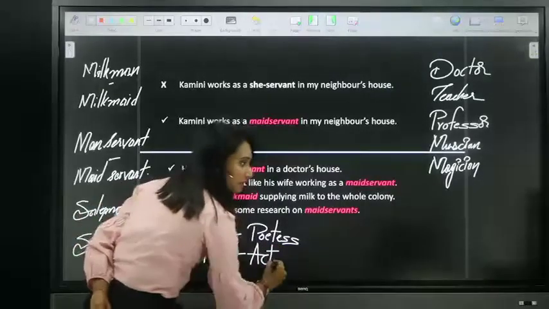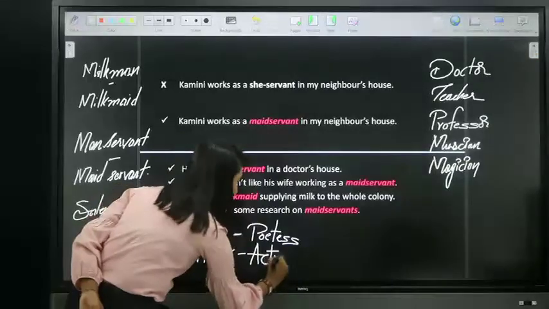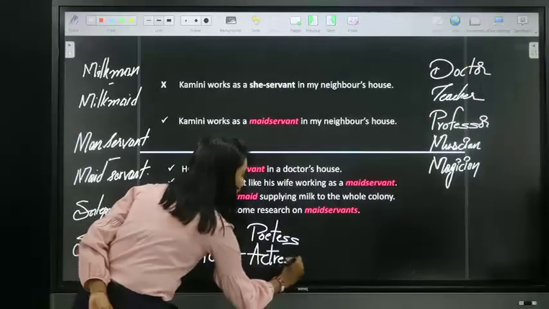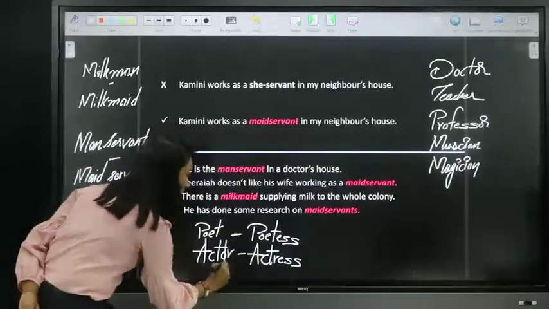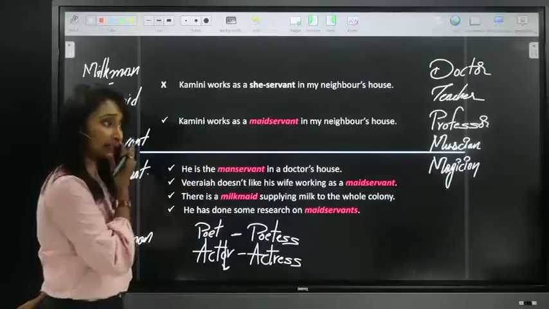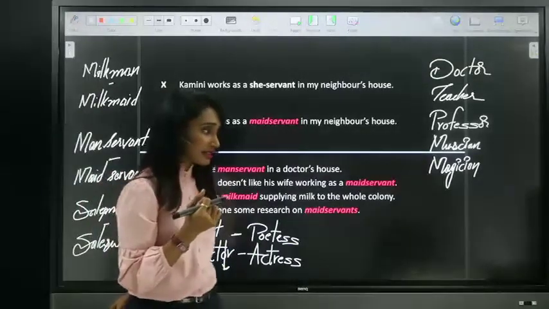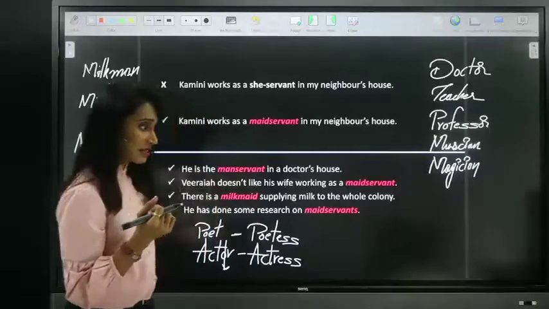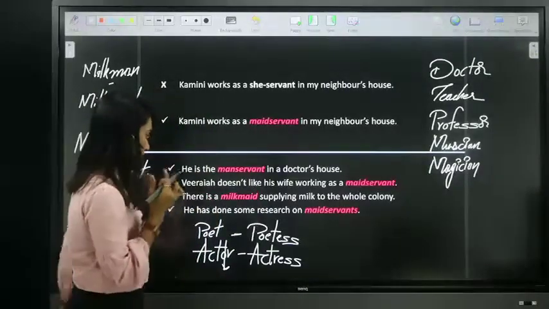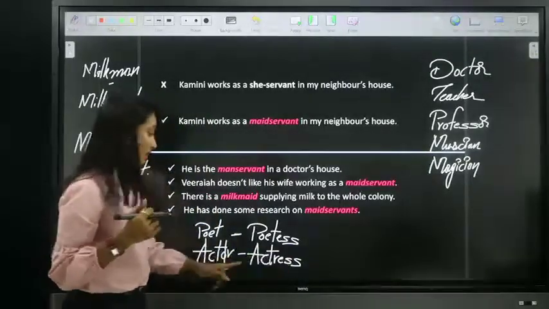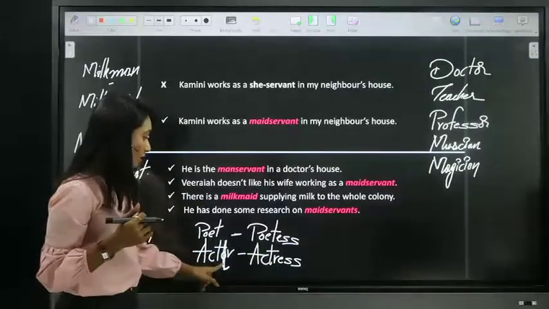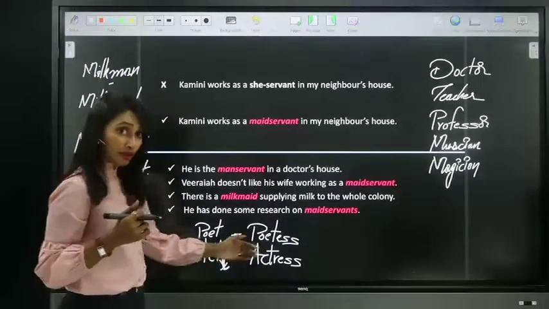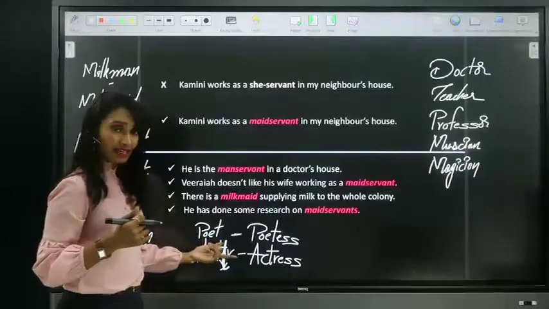Good. It should be ACTRESS. We are omitting O before adding ESS. That is our formation. Yes, Lakshmi Priya, you're correct. And Swapna, Lakshmi Priya, both of you are correct. It should be ACTRESS because we are omitting O. Drop the first vowel from last before adding ESS.